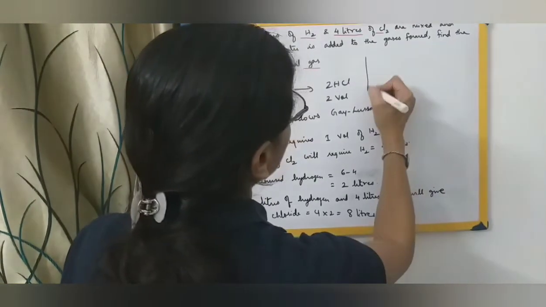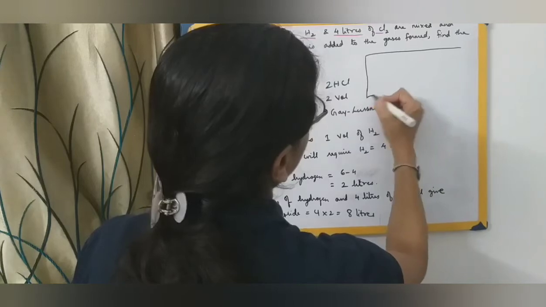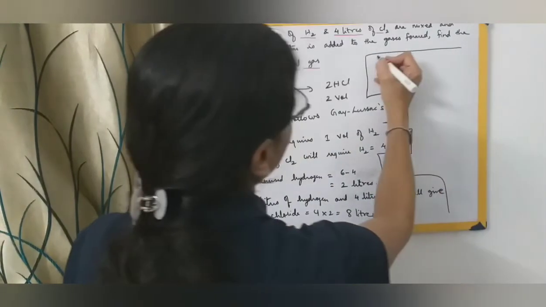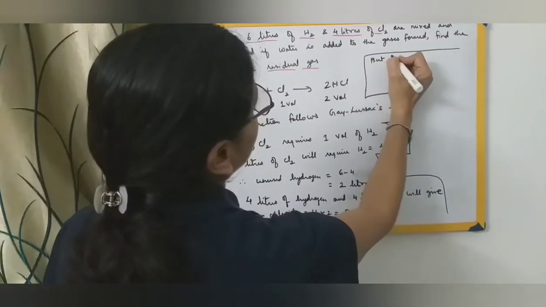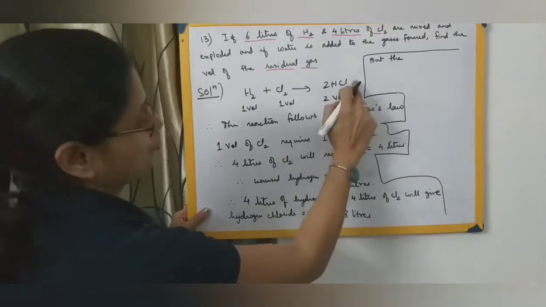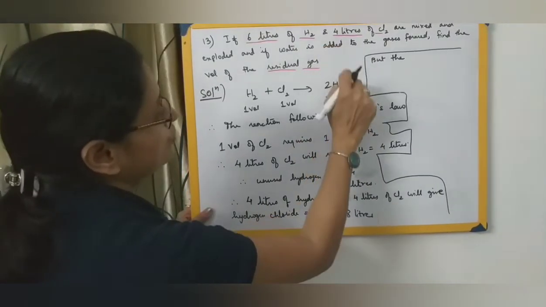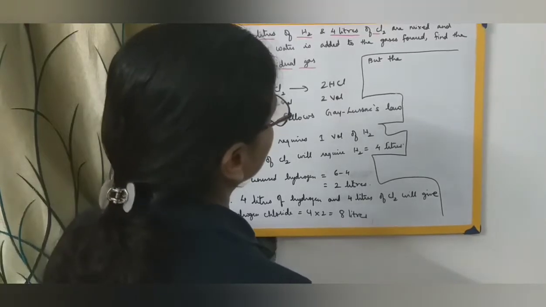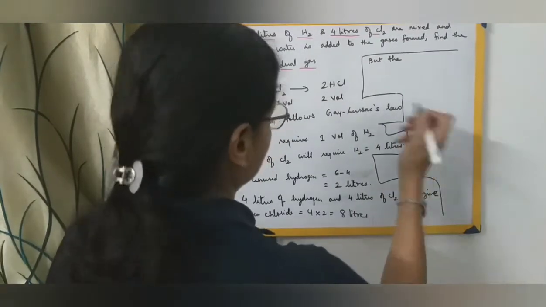Then you write one more statement: this hydrogen chloride, not hydrochloric acid, is formed, but we are adding water to it, so it forms hydrochloric acid. So we don't have to find anything which is in the solid or liquid state.